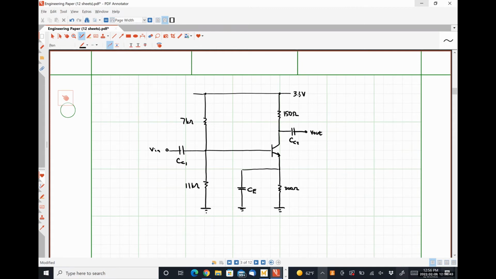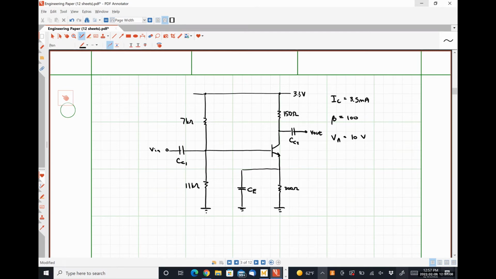And you are given the following pieces of information. IC is equal to 3.5 milliamps. Beta equal to 100. And VA is equal to 10 volts. Okay.